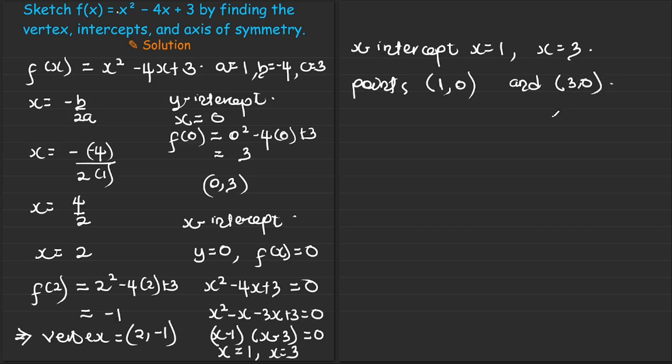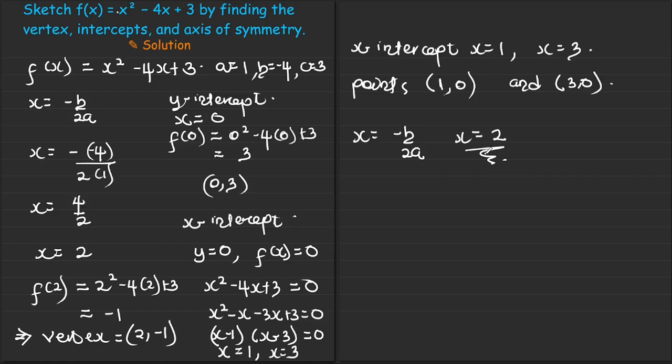Now there's the last thing we need to do. That is the axis of symmetry. For the axis of symmetry, we have already solved that. That was x equals negative b over 2a. And then we had what? Our x being equal to 2. We've already done this. So do we have all we need for our graph?